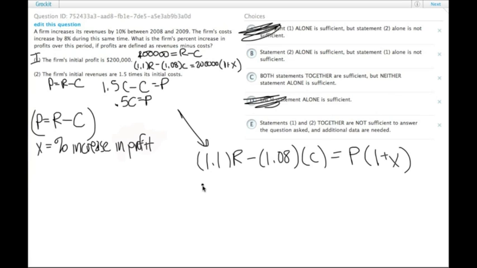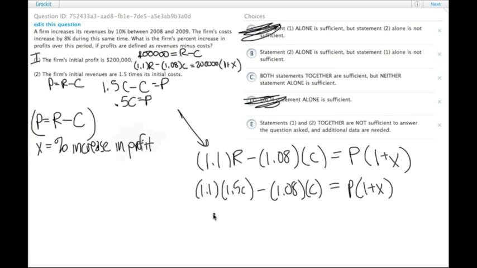So we can say then 1.1 times 1.5 times the costs minus 1.08 times the costs equals this thing.